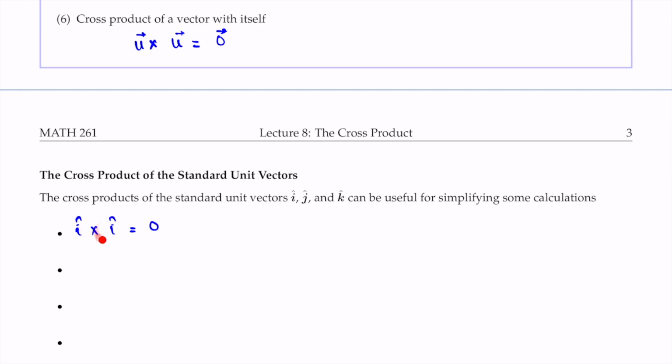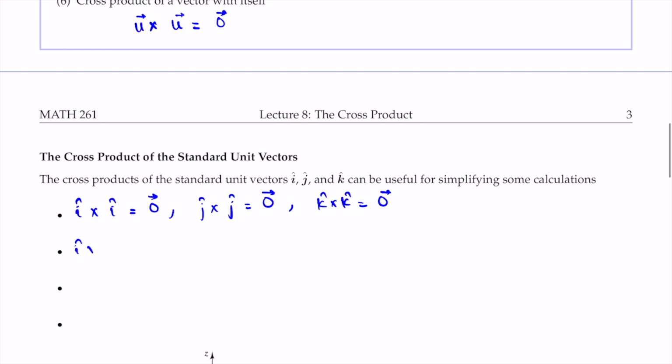For this calculation, we take into account the idea of the cross product of a vector with itself. So this is a vector crossed with itself, therefore it is equal to 0. And this is true for j hat crossed with itself, this is equal to the 0 vector, sorry. And k hat crossed with itself also gives you 0.